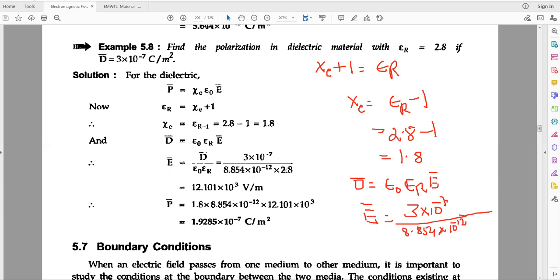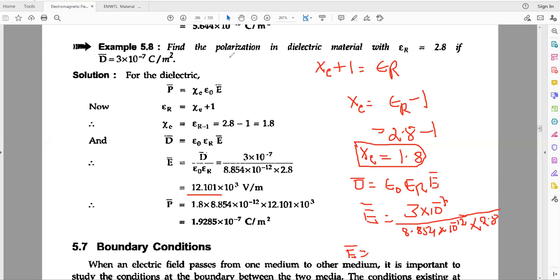I'm directly writing epsilon r because it is given as epsilon r only, 2.8. If chi e is given, add 1 to get the epsilon r, or if they directly give epsilon r, subtract 1 from epsilon r, you will get the chi e. Chi e is equal to 1.8. Simplify here, you will get E bar equal to 12.101 into 10 power 3 volts per meter.